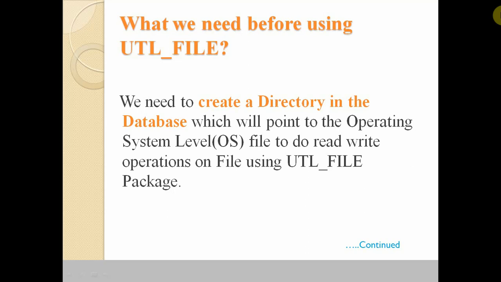Using the UTL_FILE package, we can read from the file or write into the file. To do that, we have to make a proper link with the database, so we make a database directory which will point to the operating system level file.